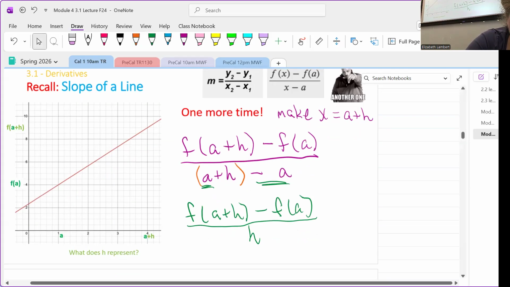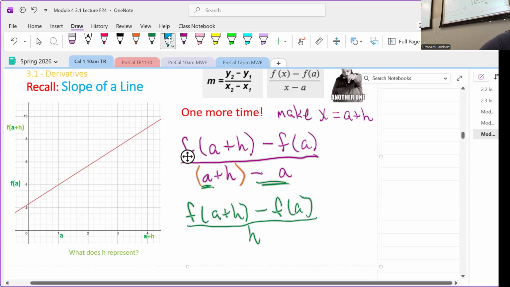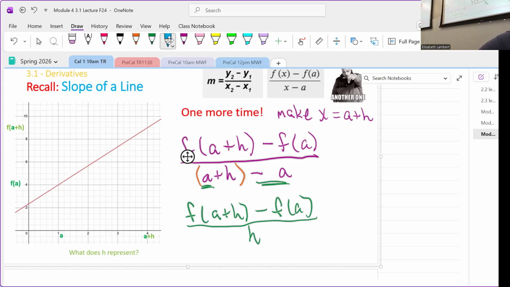Now let's focus in on the picture here, the graph. So when I changed out x for a plus h, a is some set distance, and then h is this extra distance we need to get to the position a plus h.